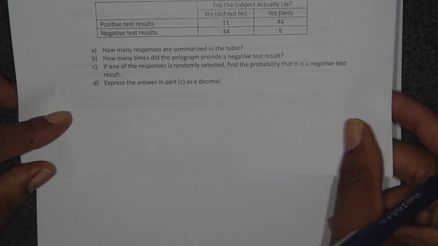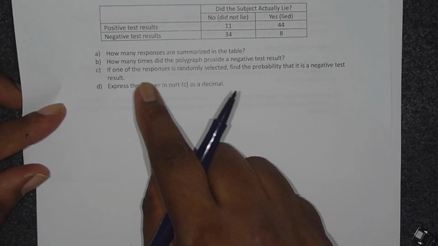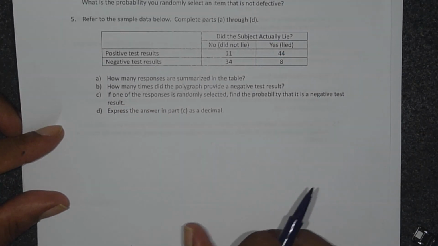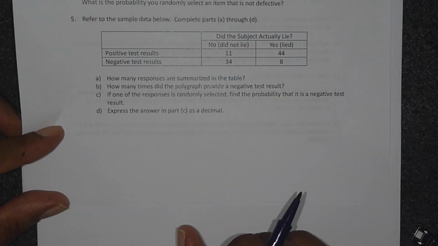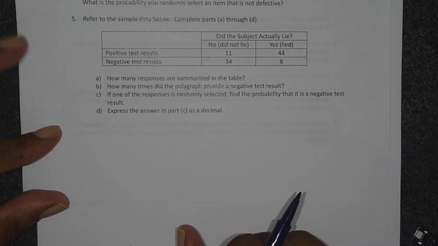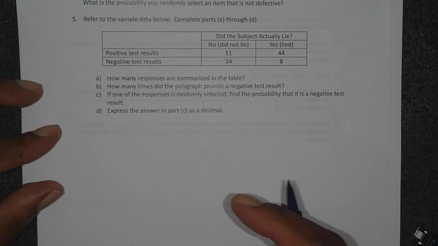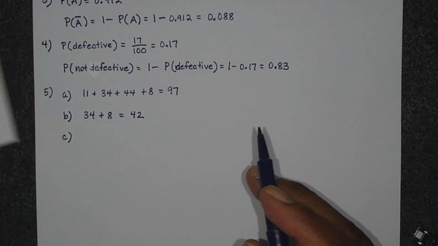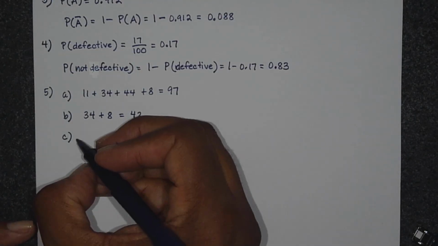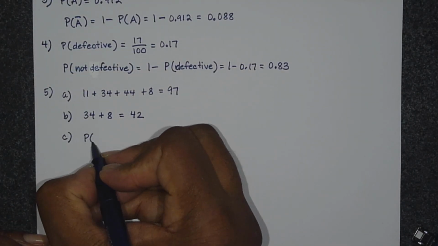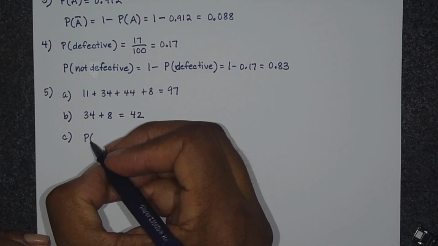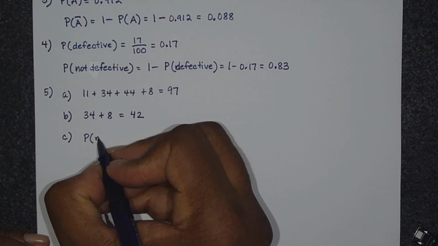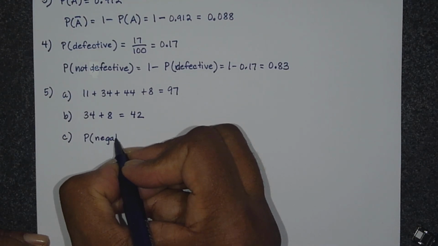Part C. If one of the responses is randomly selected, find the probability it is a negative test result. So we're looking for the probability that one of the responses randomly selected came out to be a negative test result.